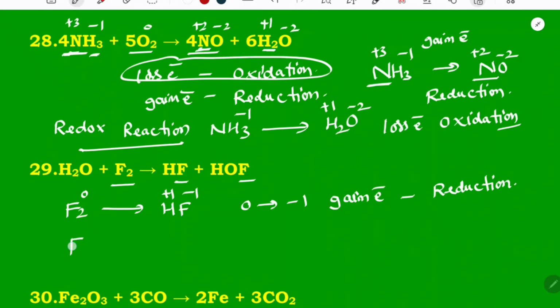At the same time, here F2 is 0, then HOF. In HOF, the oxygen is -2, hydrogen is always +1, and this is fluorine -1.